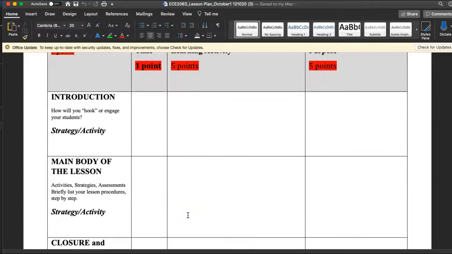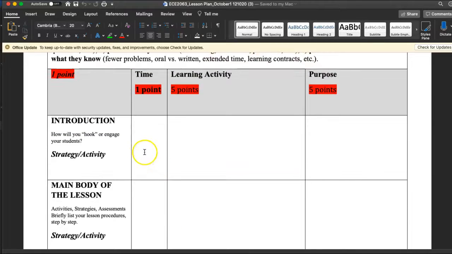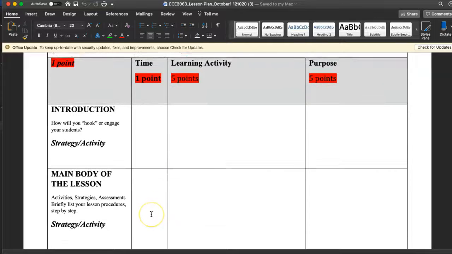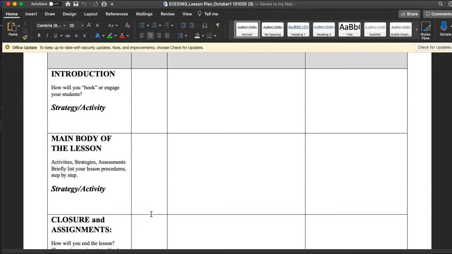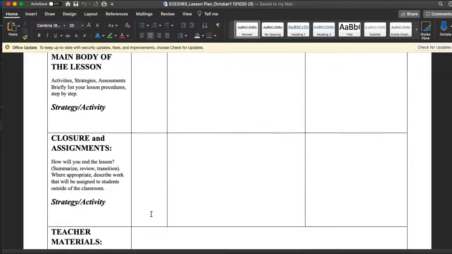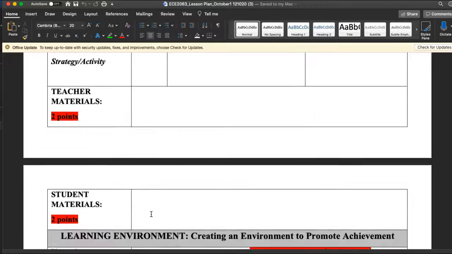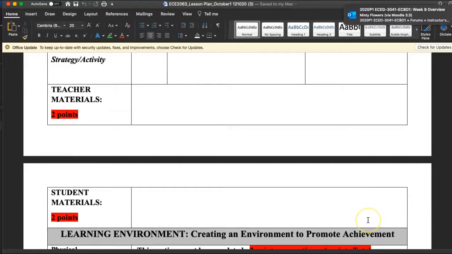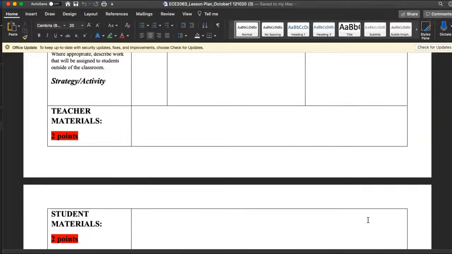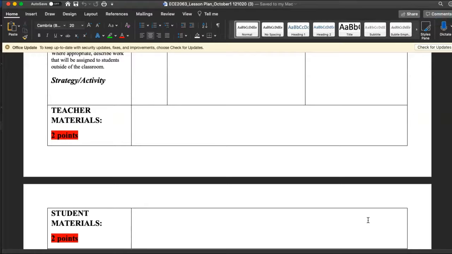You also need to include an approximated time for the introduction, the main body, and the closure. You also need to list all teacher materials and all student materials. And those are the only 2 sections of the plan we're doing this week.